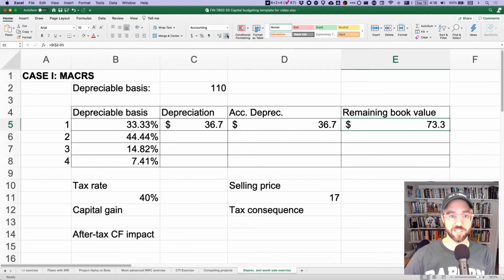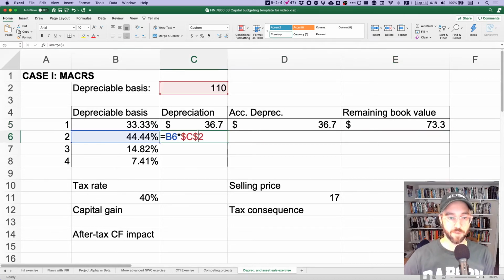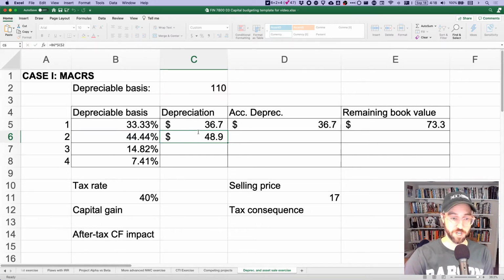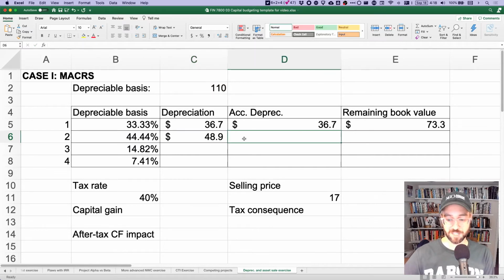So what happens in the second year? Well, we can copy this formula down and that will multiply the $110,000 depreciable basis by the year 2 depreciation schedule percentage. Accumulated depreciation is equal to whatever it was at the end of the previous year, plus whatever gets depreciated this year, or $85.5 thousand.